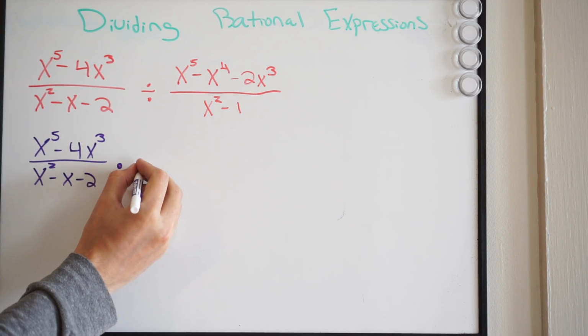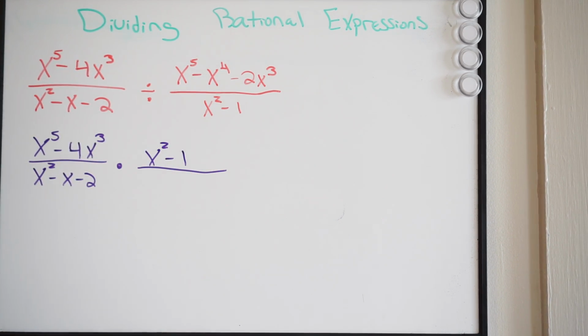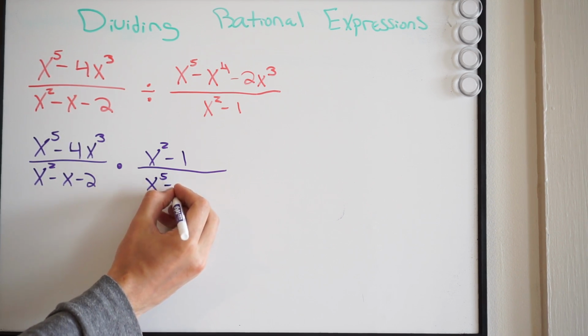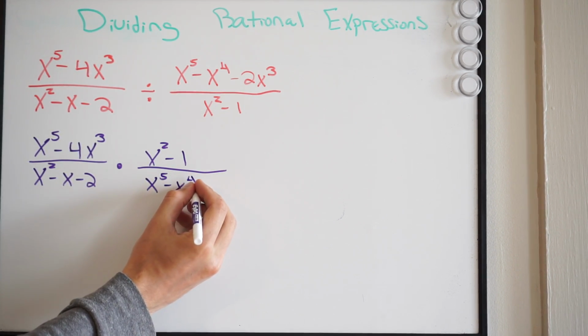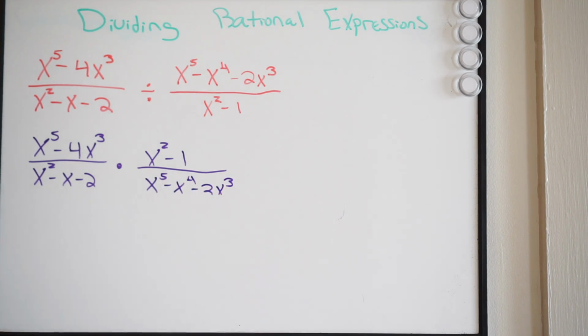So multiply, and now we're going to flip here, so we get x squared minus 1 over x to the fifth minus x to the fourth minus 2x to the third. Alright, so at this point, it doesn't look like we can cancel anything out. There's a lot going on there, right?